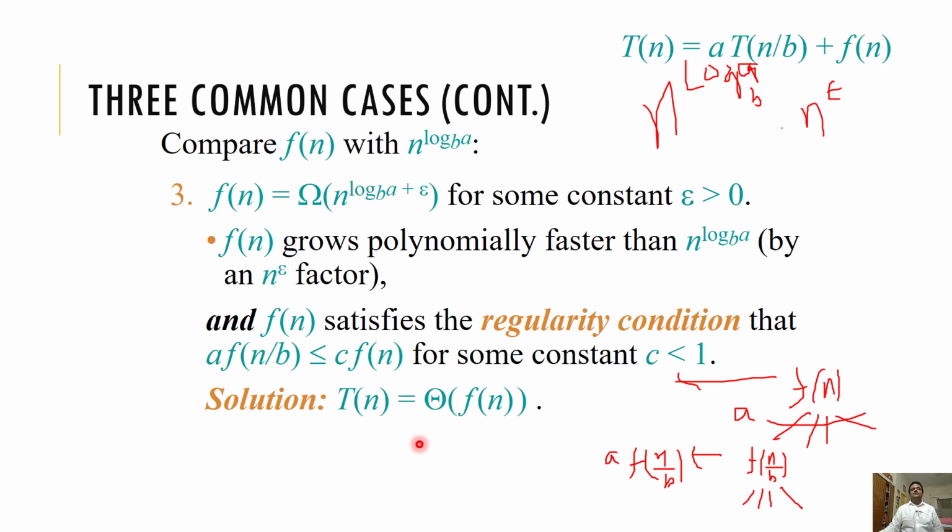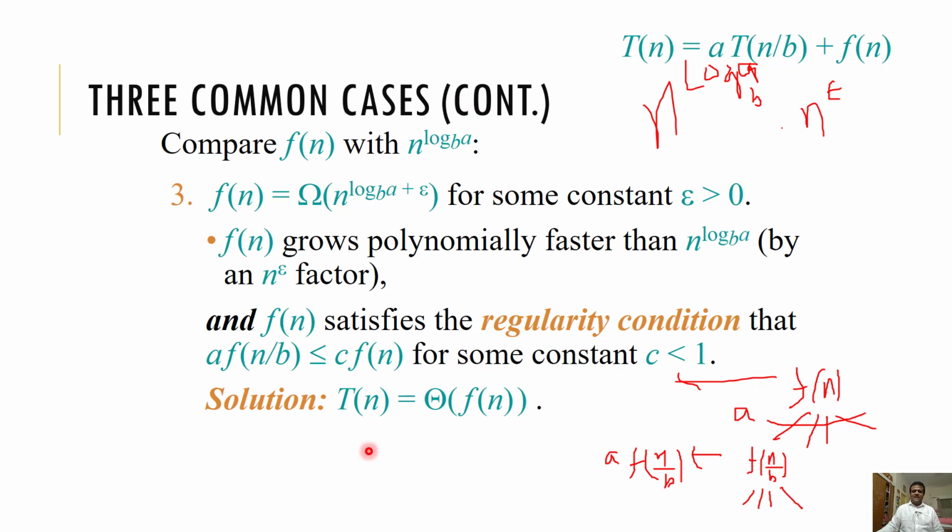In that case, what is the solution? The solution is obviously f(n), because it is the dominating cost. When we compare the two, this is the heavyweight guy. Its growth is much faster than the other growth.